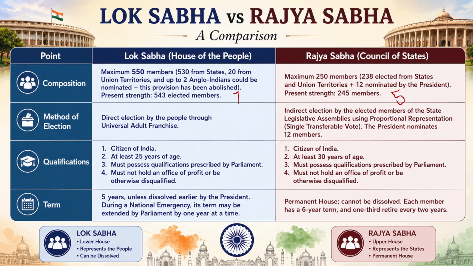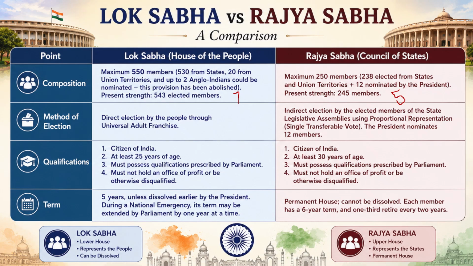Now, if we speak about the qualifications, the first qualification which is necessary for both is that they have to be a citizen of India. Of course, Trump cannot come to India and say I'll be contesting for Lok Sabha or Rajya Sabha. He is not a citizen of India.